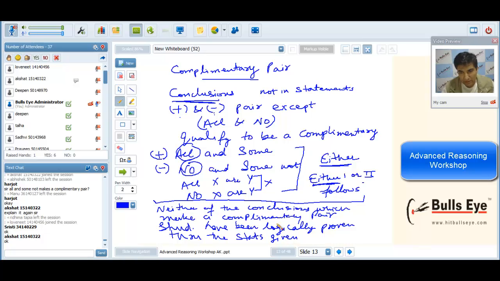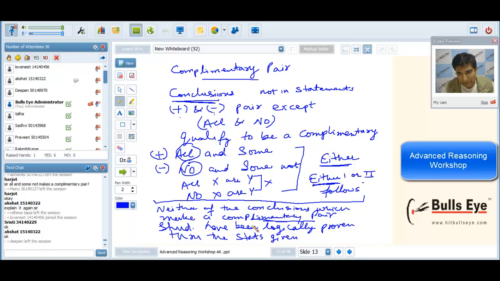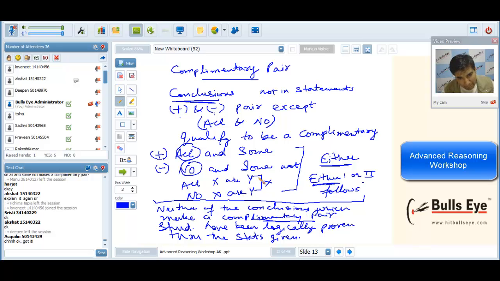This is very important. If any of the conclusions which are making a complementary pair are followed logically through the statements, then the complementary pair breaks. It does not qualify to be a complementary pair then.